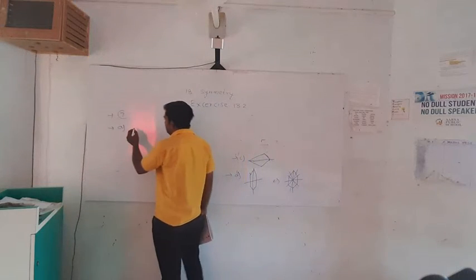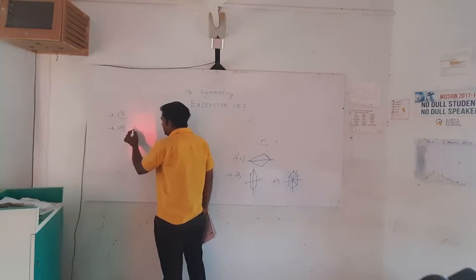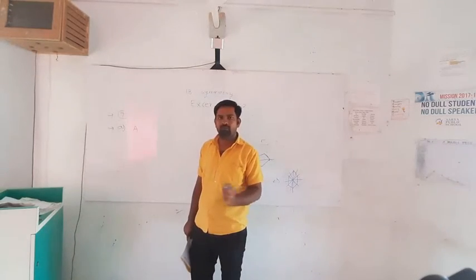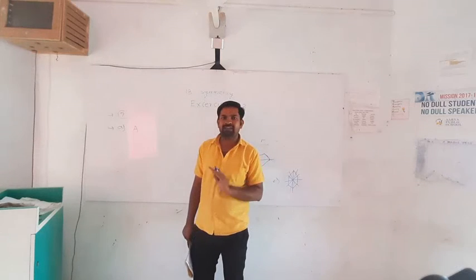First letter which is coming, A. A has a vertical line of symmetry. Yes. B no. C not. D not.